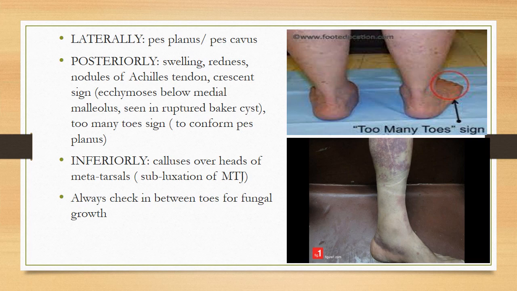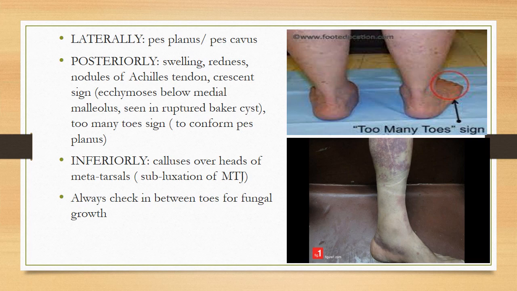Now, crescent sign is the ecchymosis below the medial malleolus, which is seen in a ruptured Baker cyst. And this lower diagram here shows the crescent sign. Then the too many toes sign, which confirms pes planus. You stand behind the patient, and normally you should only be able to see 2.5 toes, but if you can see more than 3 toes, it means that the patient is flat-footed.